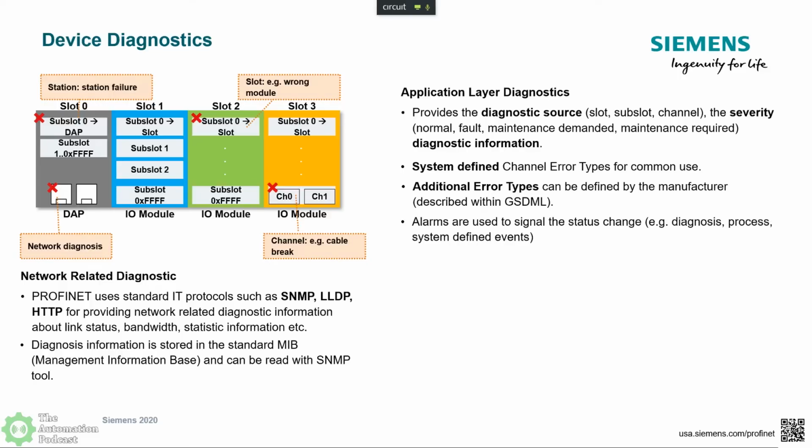And in order to signal an event to the I/O controller, each I/O device uses alarms to signal a status change. Like you have an incoming event, you have an outgoing event. This is signaled by an alarm.